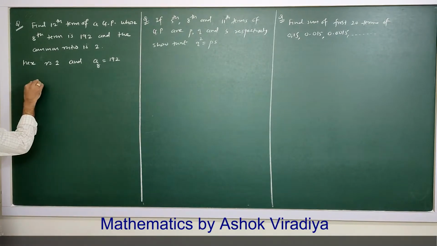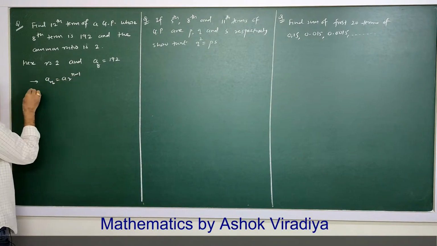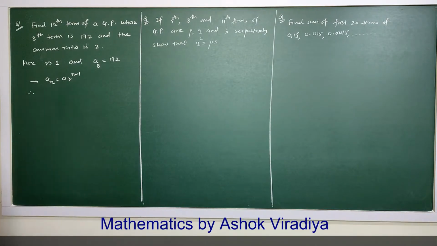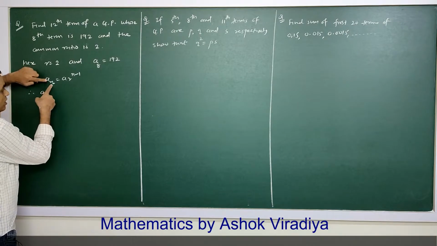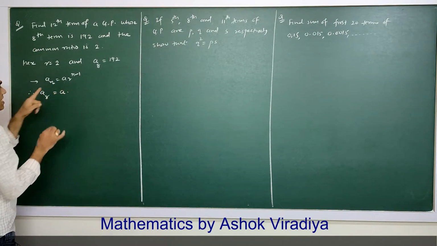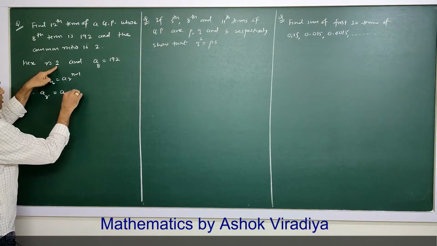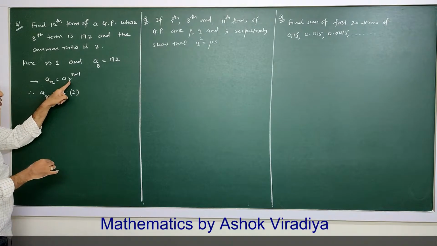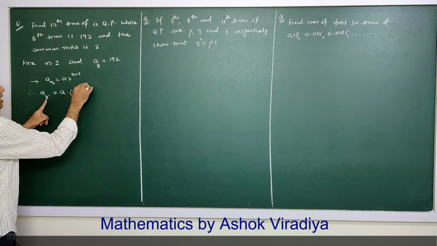Now see, the formula for the nth term is A into R raised to n minus 1. So I am putting n equal to 8. A we don't know, so keep A as it is. R is 2. N is 8, so 8 minus 1.